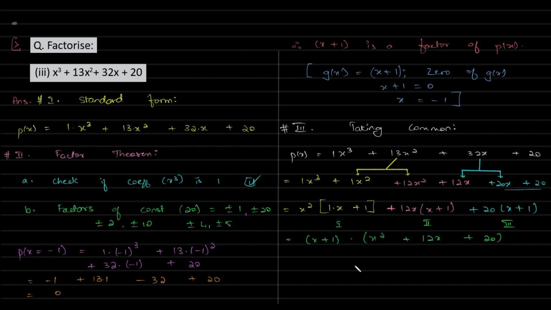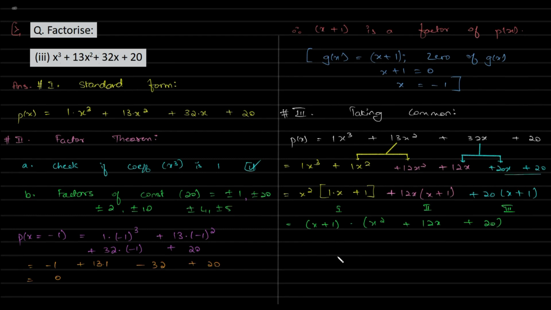And this is your first common factor. This is the other expression from which we have to find the other two factors. So this is your funda, very simple if you think about it. It's just splitting the terms.